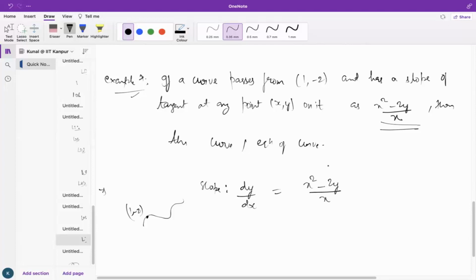And now we all know how to solve the differential equation, right? And the value of the function is given. So we didn't get the general solution. We get the particular solution here because the value of the function is given, right?